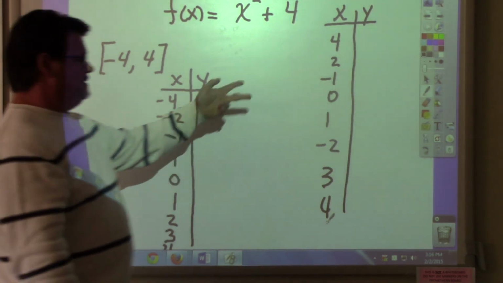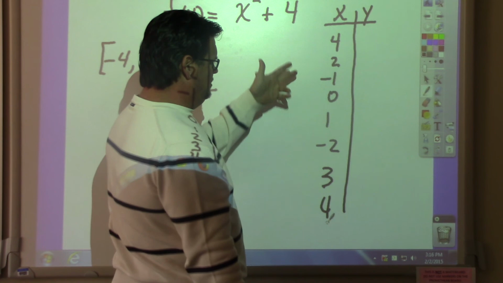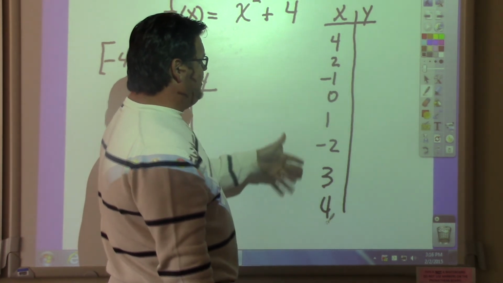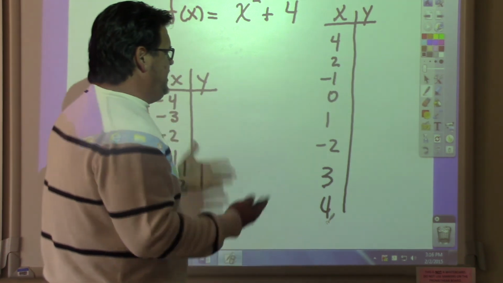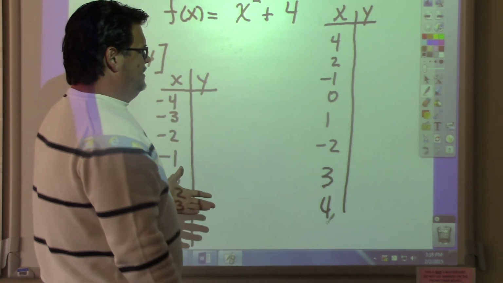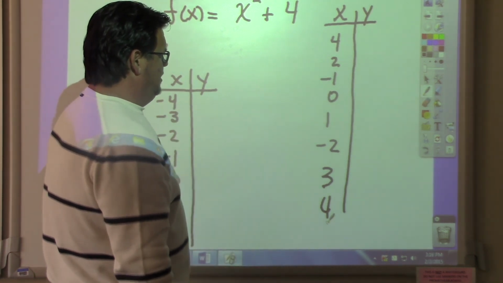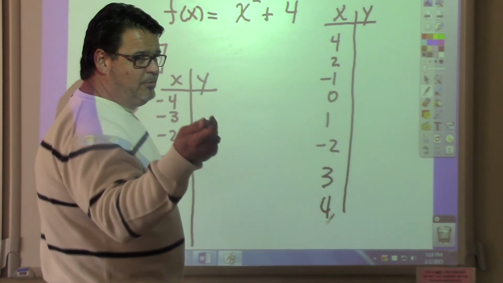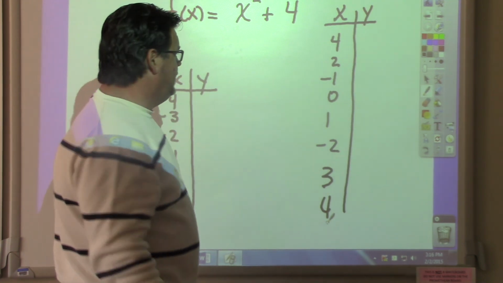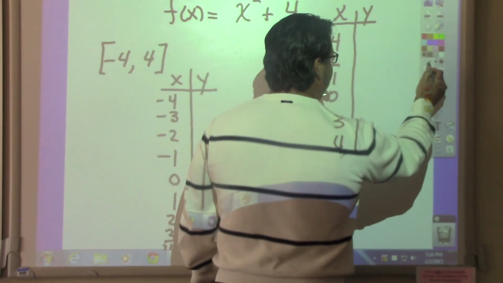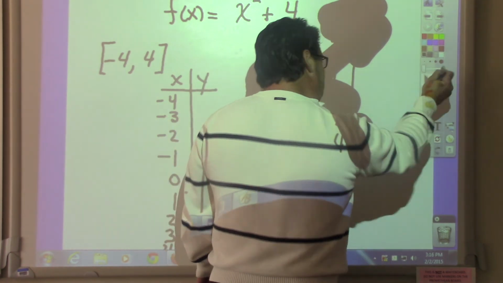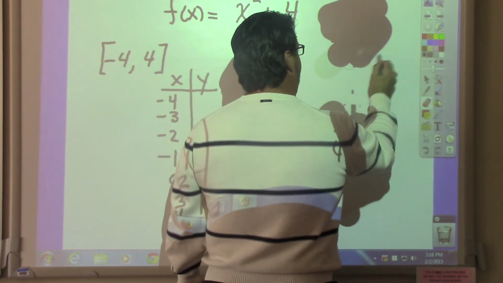There's no pattern. Well, actually, there is a pattern. Remember, you already know there's a method. This sucks, okay? Don't do it.